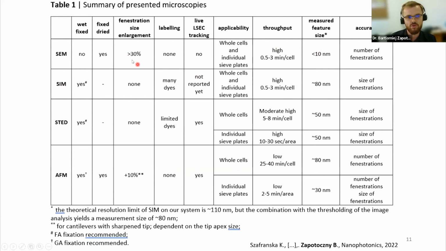But we propose this coefficient to recalculate, and we can interchangeably use different techniques when we apply this coefficient. And STED and AFM provide much better resolution, but they are slower techniques.